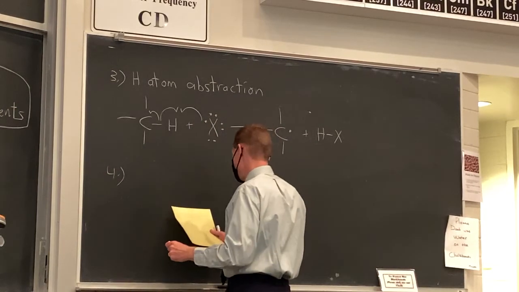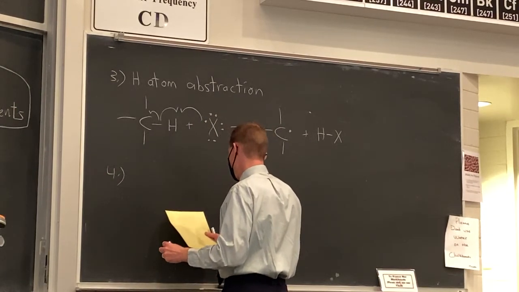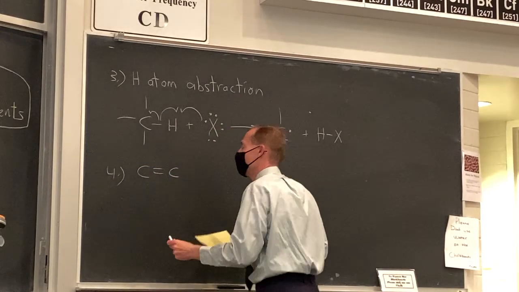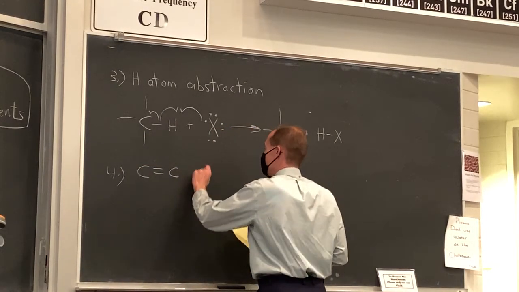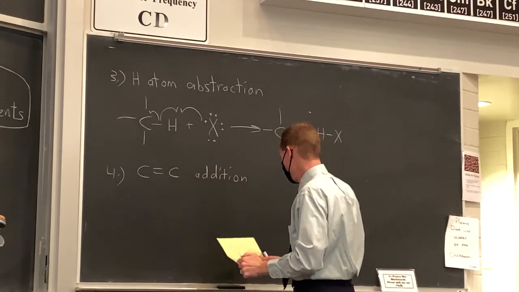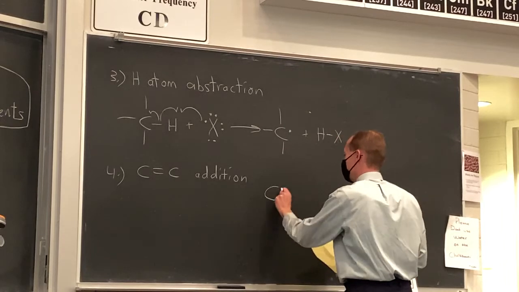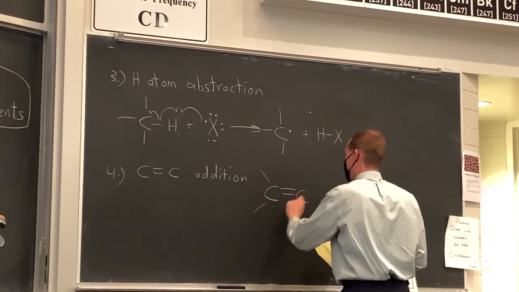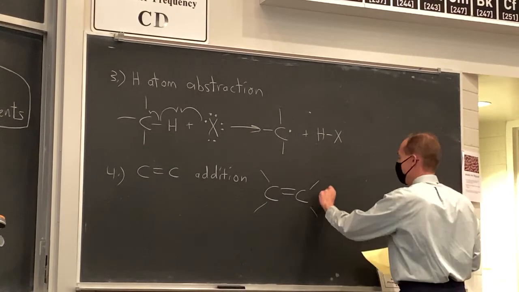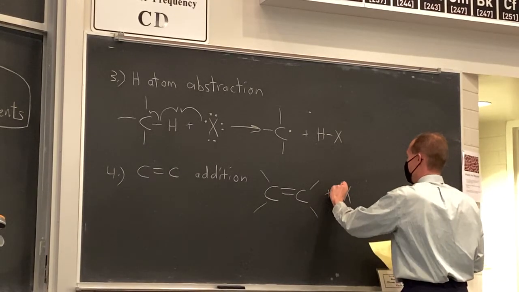Another common process that we have with radicals is addition to carbon-carbon pi bonds. Okay? So here's our alkene. We'll use a halogen radical again.